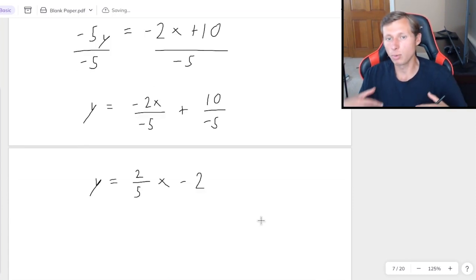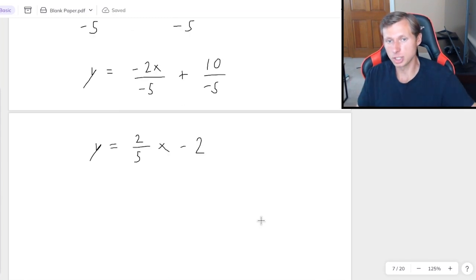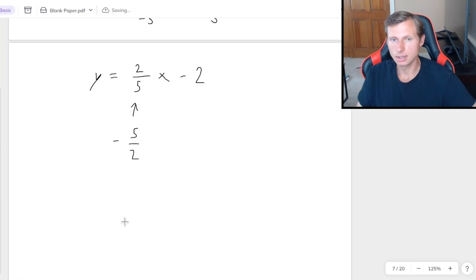And remember, I said I wanted perpendicular to this function, meaning I have to find the slope perpendicular to 2/5, which is going to be -5/2. That's the slope of my perpendicular line. So where I'm sitting at right now is y equals -5/2 x plus b.